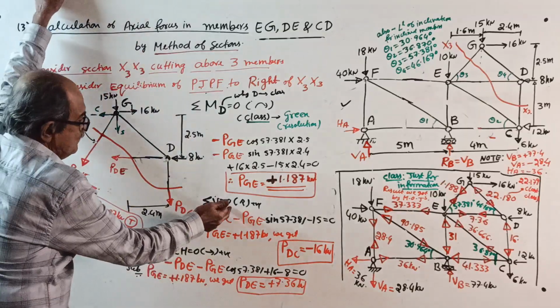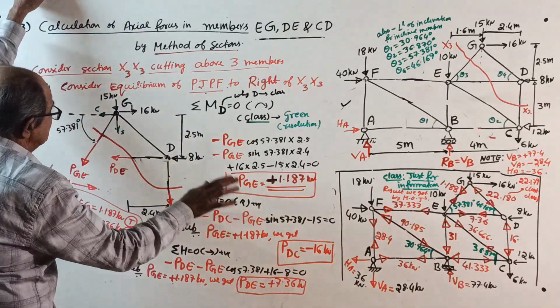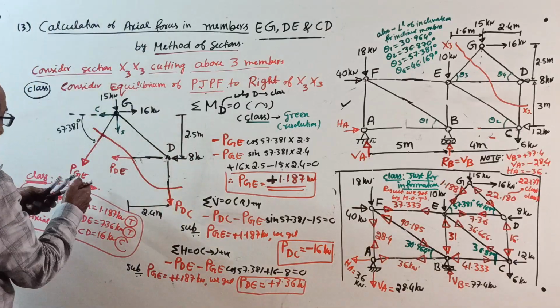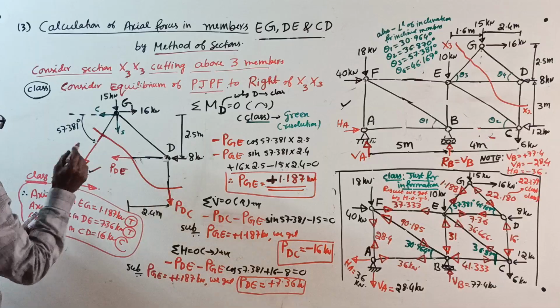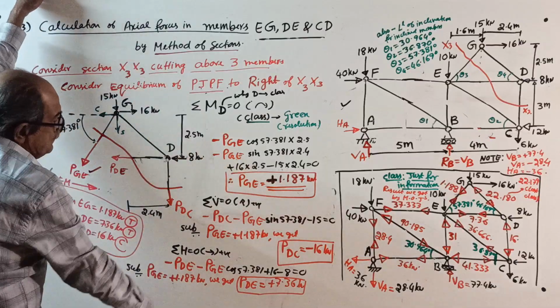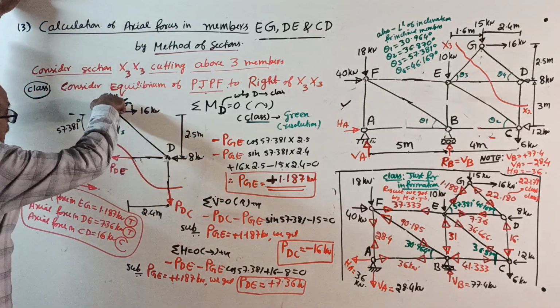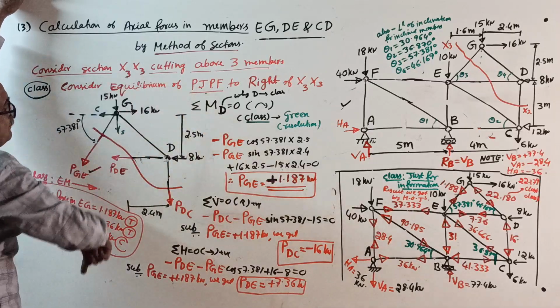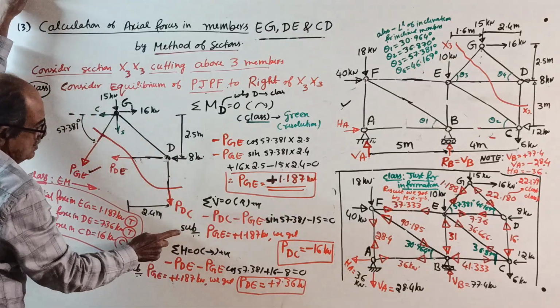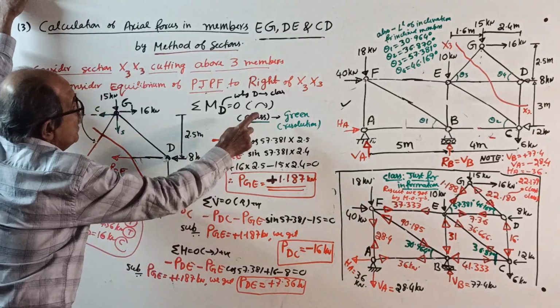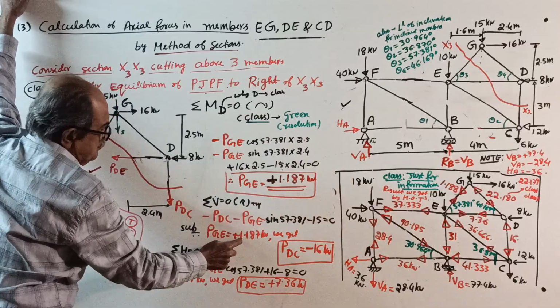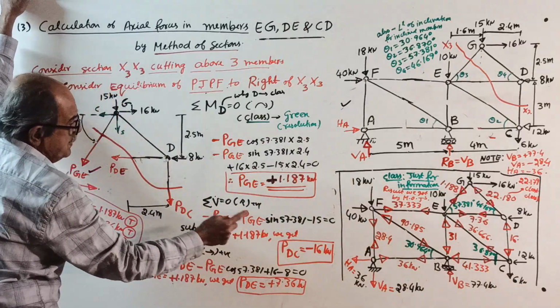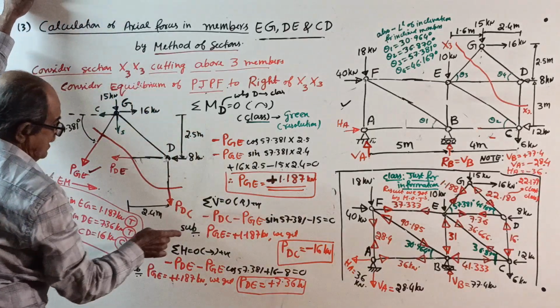Now sigma V equals 0, I should do it fast now. The value of PGE is known. Minus PDC minus PGE sine 57.381 minus 15 equals 0. Substitute PGE, whatever you got, plus 1.187, we get PDC as minus 16.